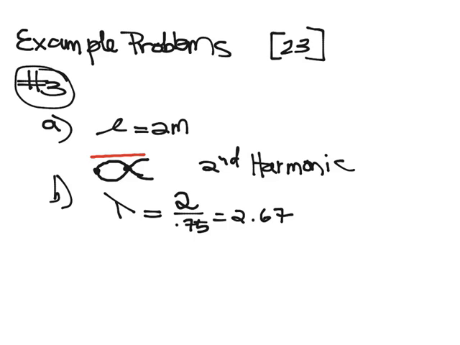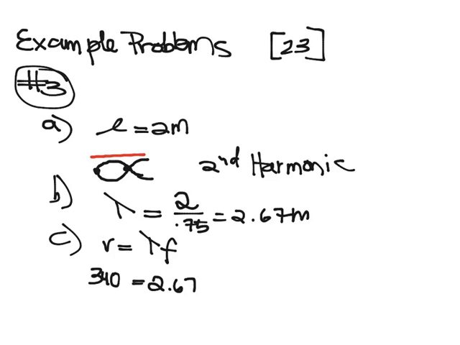In part C, we want the frequency, so we know V equals lambda F. They tell us that V is 340, and we know that lambda is 2.67 times F, so our frequency will be equal to 127.3 hertz.